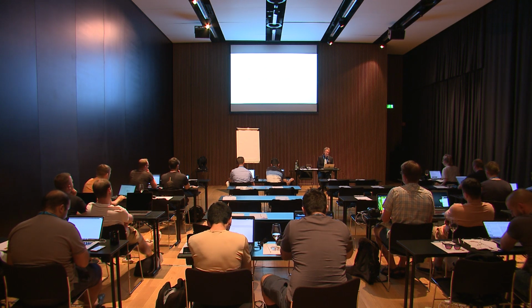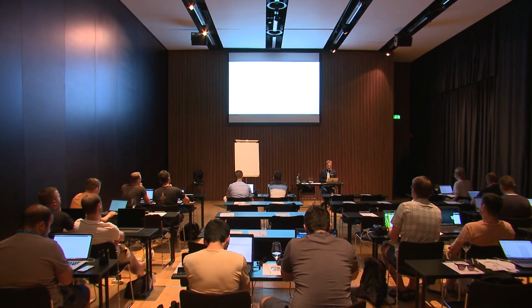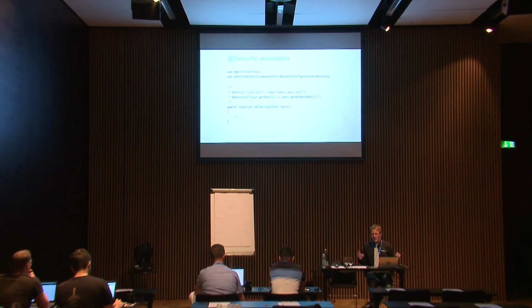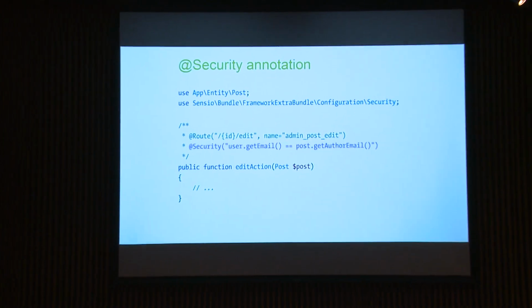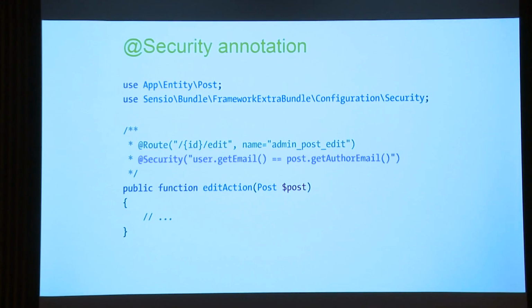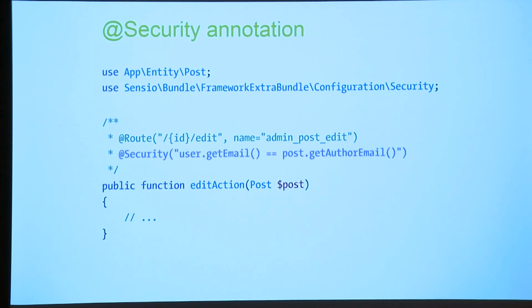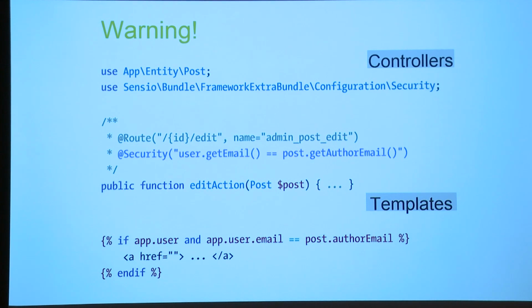Of course, you can do more complex expressions in annotations, like user.getEmail, so you can verify very simply that the post can be edited only by its author with such rules. So that's why it's nice.